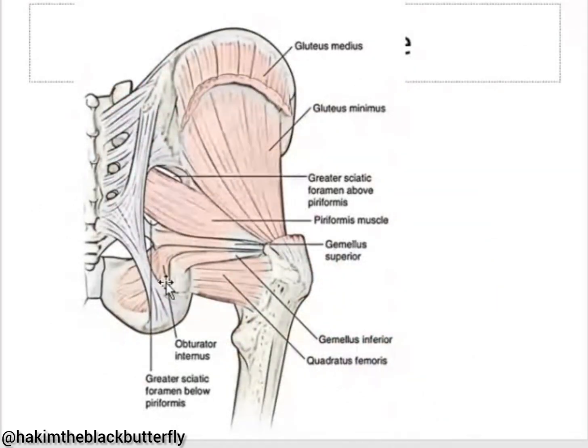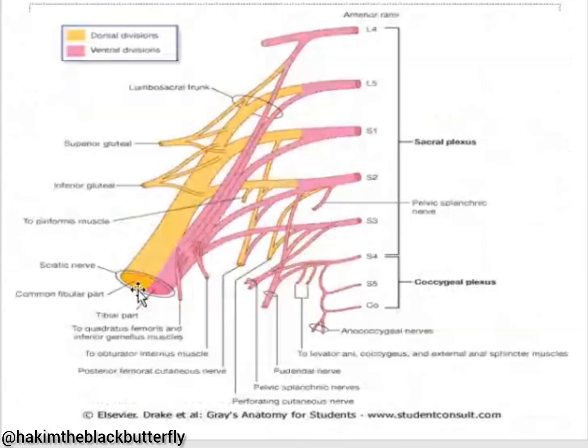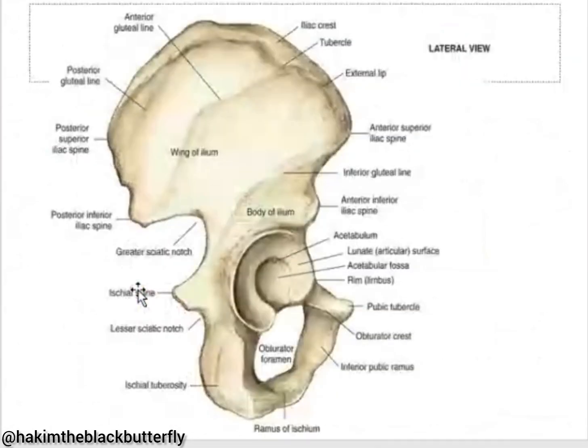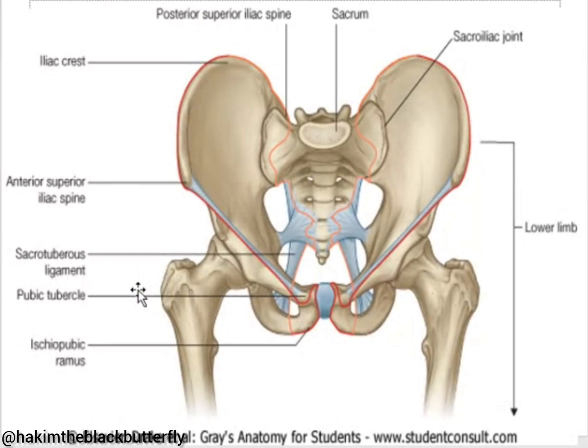Then we have this other muscle known as the obturator internus. When you look at the pelvic bone, it has this opening known as the obturator foramen.